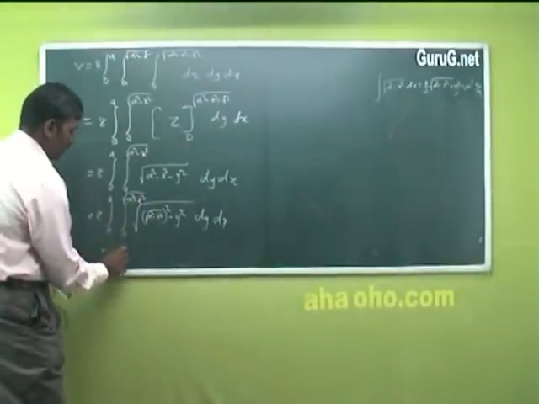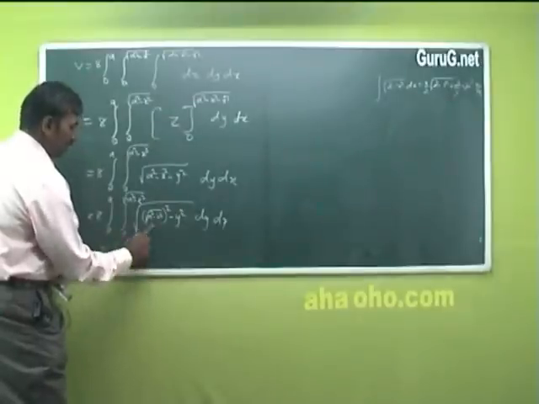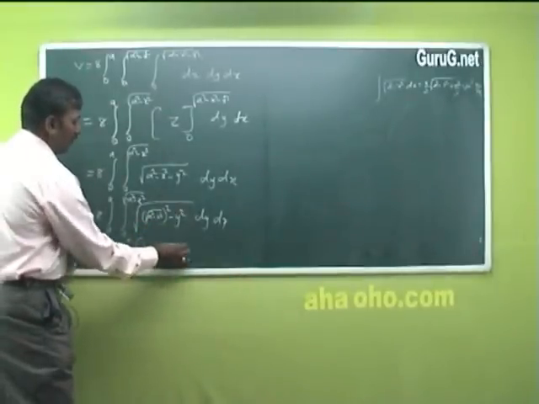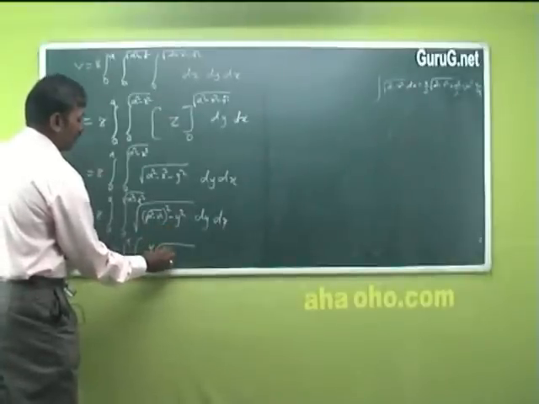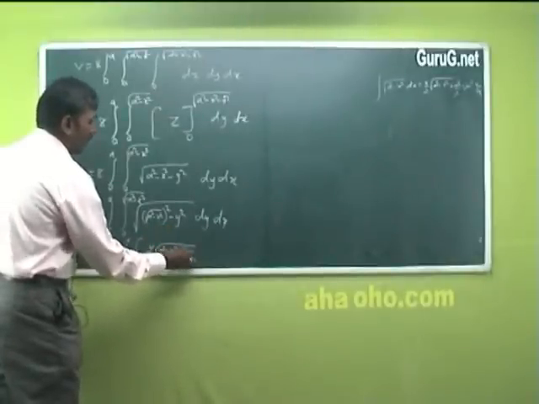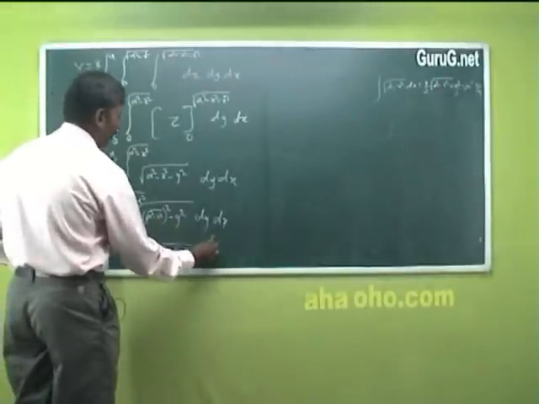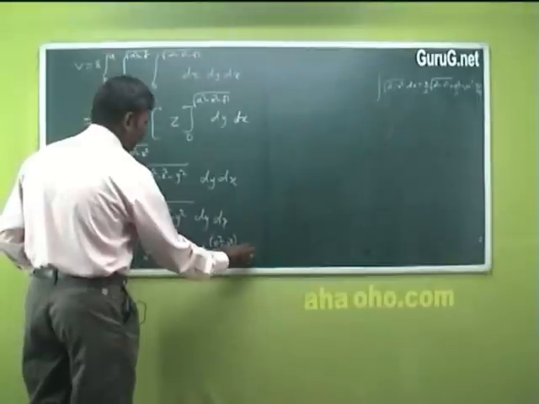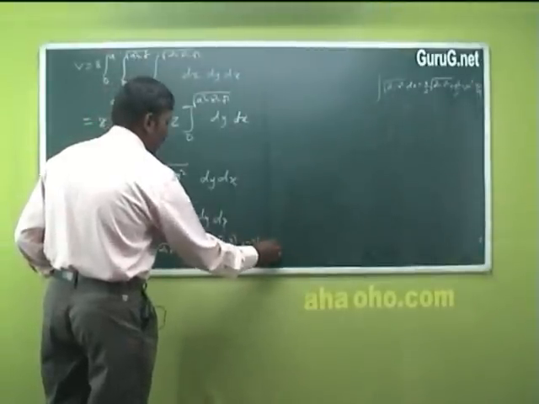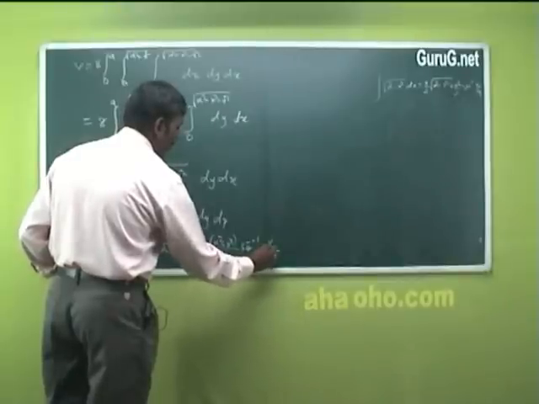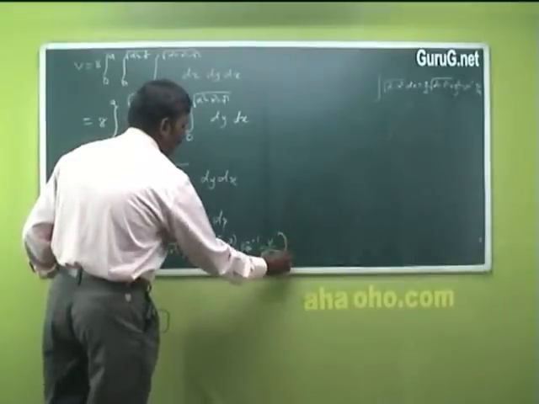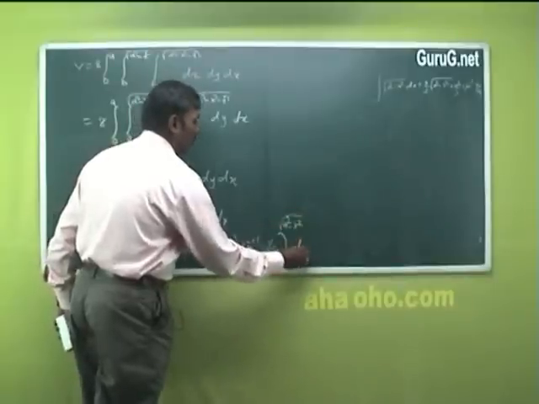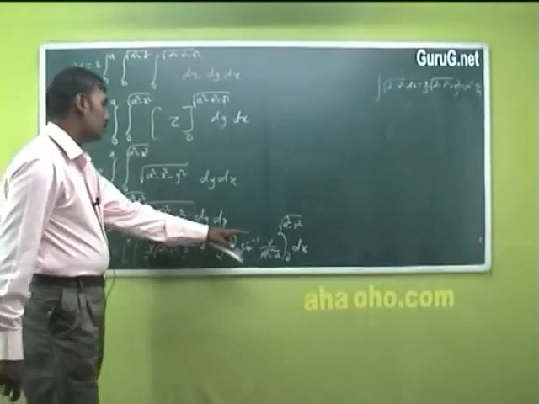So 8 times integral 0 to a, this is y by 2 root of a square minus x square minus y square, plus a square minus x square by 2 sine inverse of y by root of a square minus x square, from 0 to root of a square minus x square, dx. Now substitute the limits.